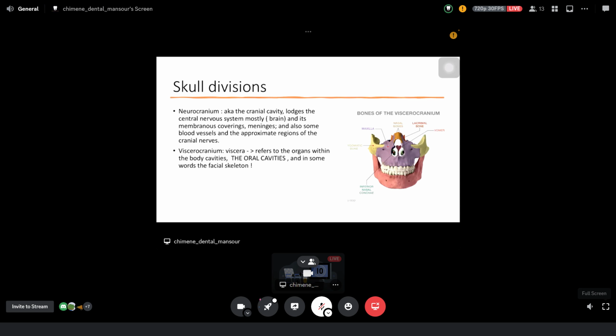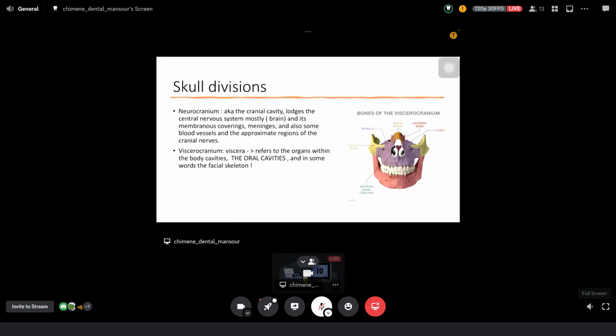And as with cranial nerve 5, it has 3 branches: 7A, 7B, and 7C, or you can call them also 7-1, 7-2, 7-3, which are the ophthalmic branch, the maxillary branch, and the mandibular branch.